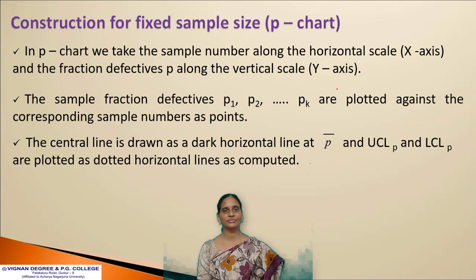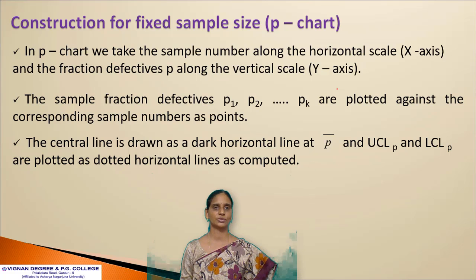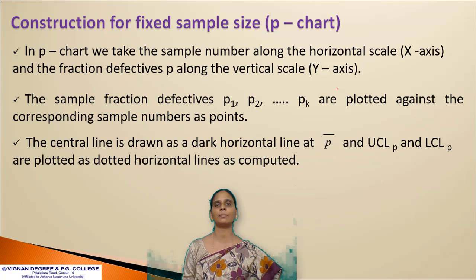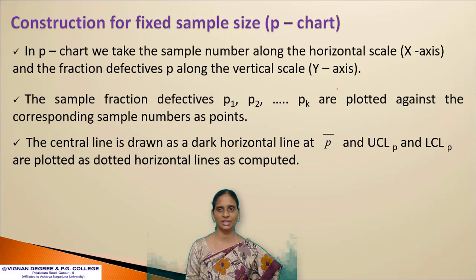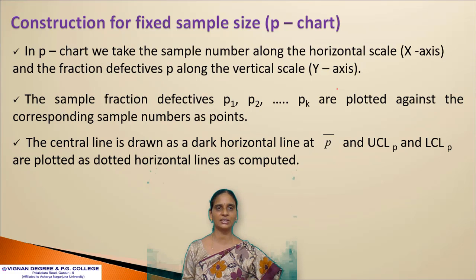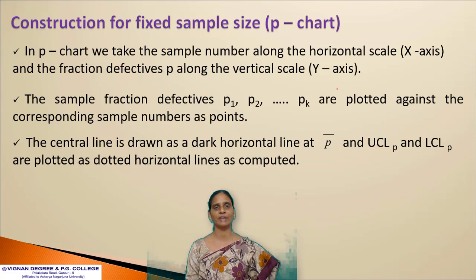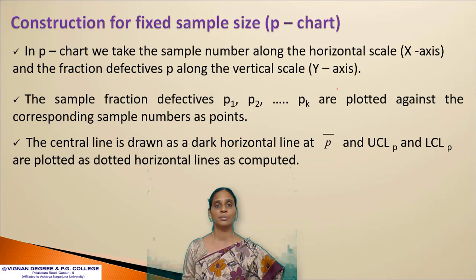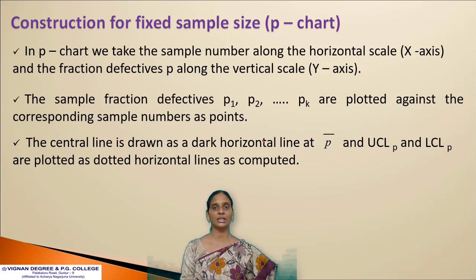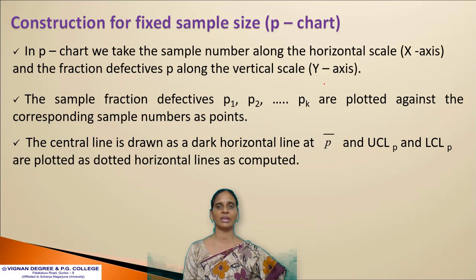And the construction for fixed sample size. In P chart we take the sample number along the horizontal scale, that means x-axis, and the fraction defective values, that means Pi values, P1, P2 and so on, Pk values, along the vertical scale, that means y-axis.